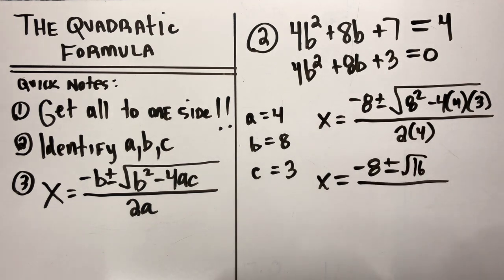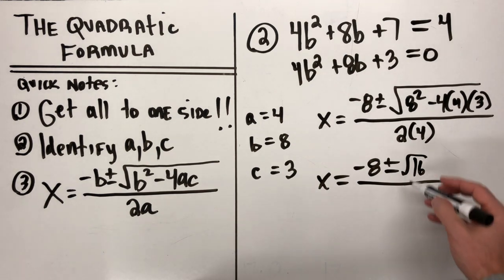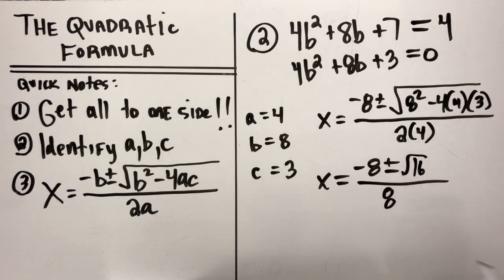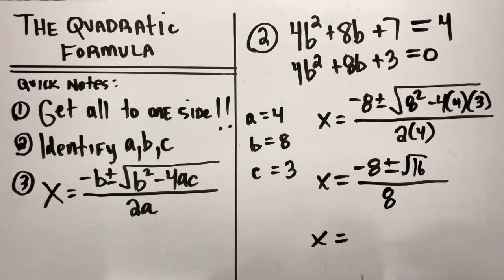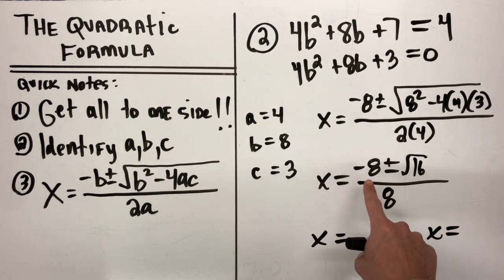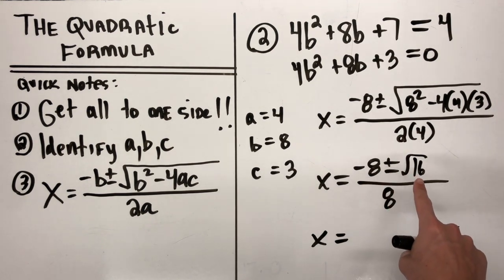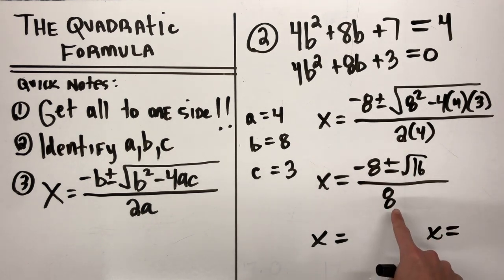And that's all over 8. It looks like this quadratic will have 2 solutions. So I'll set up space for 2 solutions here. Our first solution is going to be negative 8 plus 4, which is negative 4, divided by 8. Negative 4 divided by 8 is negative 1/2.